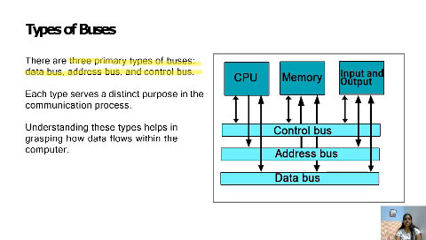And here are the types of buses. There are three primary types of buses: data bus, address bus, and control bus. Each type serves a distinct purpose in the communication process.